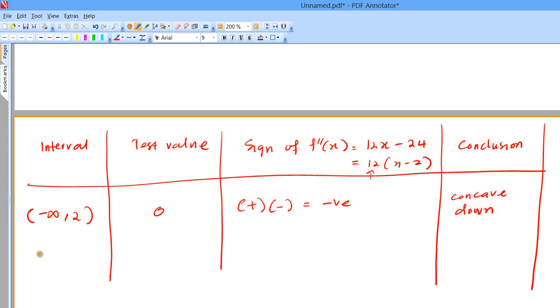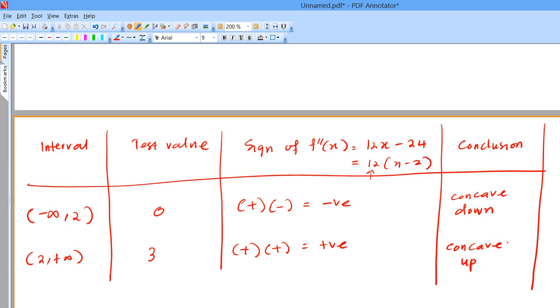And then for the second interval, we have from 2 to positive infinity. We can choose x equal to 3, and then substitute into f double prime. We have positive, and then 3 minus 2 positive, equal to a positive sign. Okay, a positive sign means concave up.